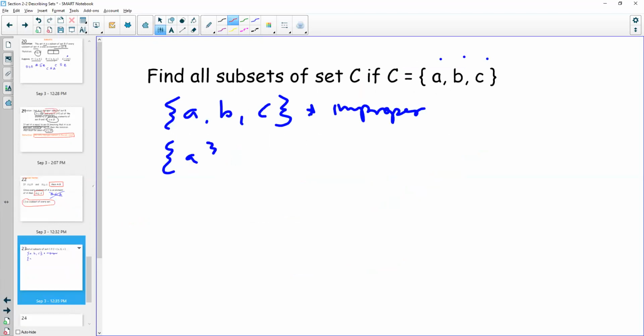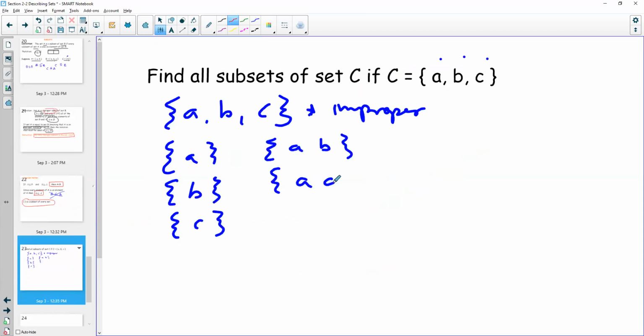Maybe I only need thing A. Maybe I only need B. Maybe I only need C. Maybe it's freezing out and I need a little more, so I could do A and B, or A and C, or B and C, okay? Or I could decide I need to go shopping and not use anything from that set and have it be the empty set, okay?